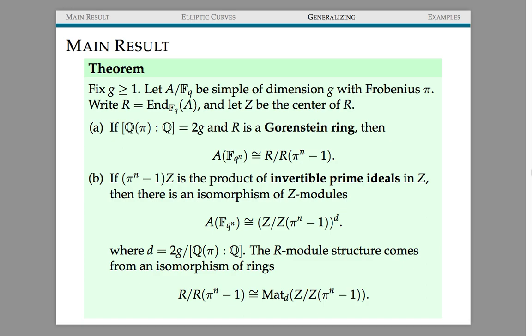So this describes, in these nice cases of the endomorphism ring, exactly what is going on for the module structure of these groups of rational points, just like in Lenstra's theorem for elliptic curves, although we did have to throw in those extra technical conditions.